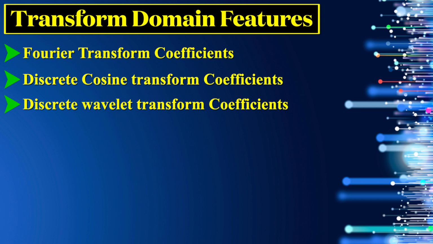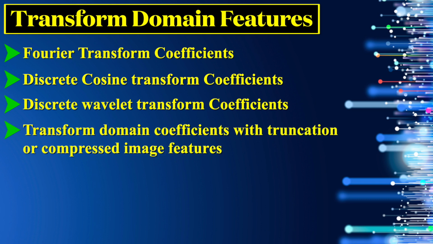There are advantages in the transform domain, which is why so many advancements are coming in it. The transform domain coefficients with truncation give compressed image features.